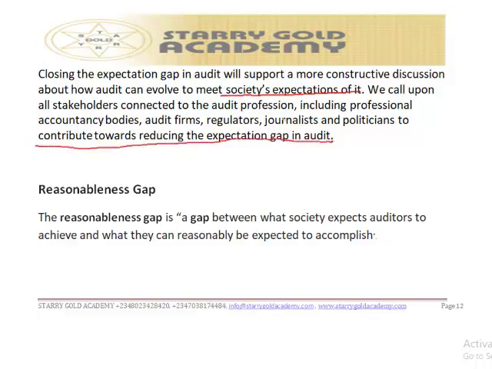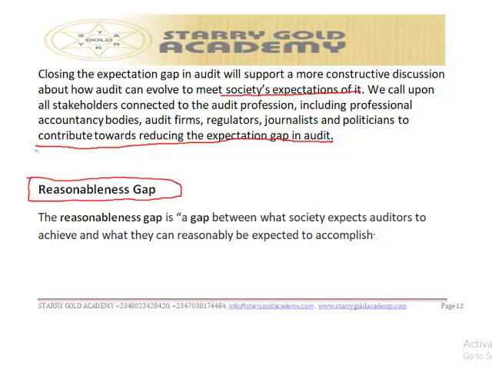So lastly, I want us to consider the reasonableness gap. I wouldn't fail to talk about this. There's also an audit gap, the reasonableness gap, as it relates to audit. The reasonableness gap is a gap between what society expects auditors to achieve and what they can reasonably be expected to accomplish.